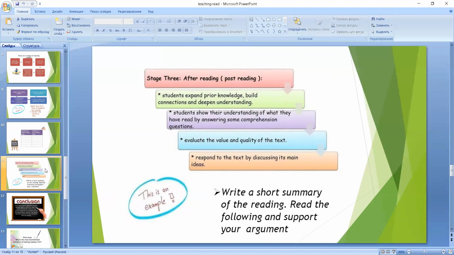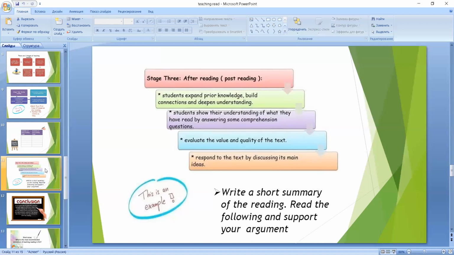Students show their understanding of what they have read by answering comprehension questions, evaluating the value and quality of the text, responding to the text by discussing its main ideas, and writing a short summary of the reading and supporting their argument.